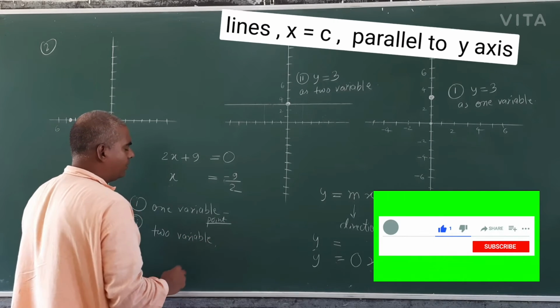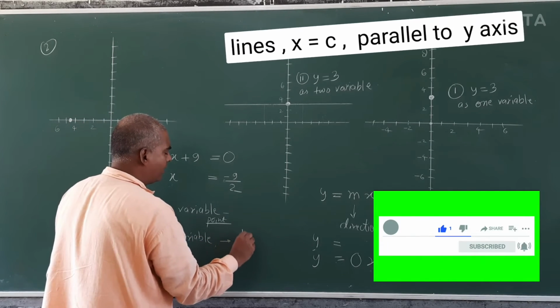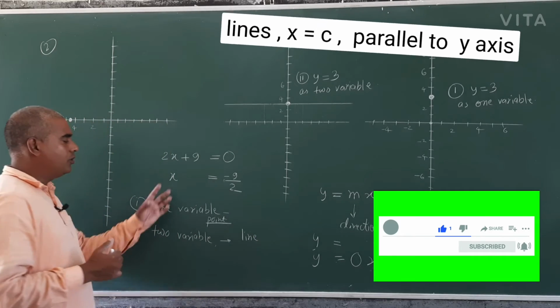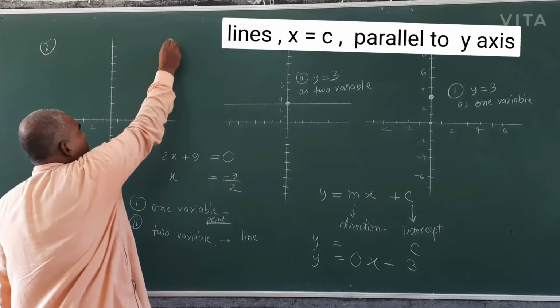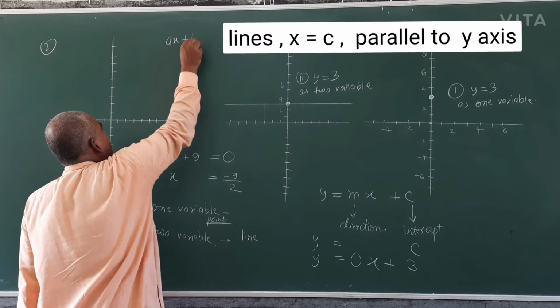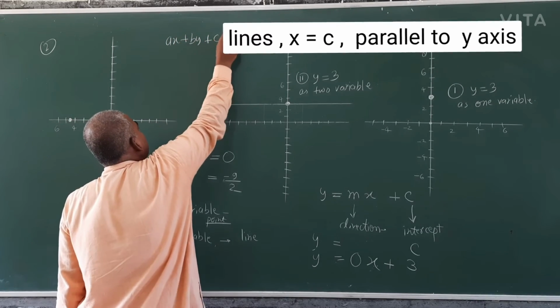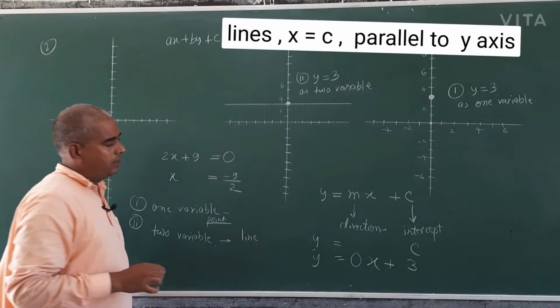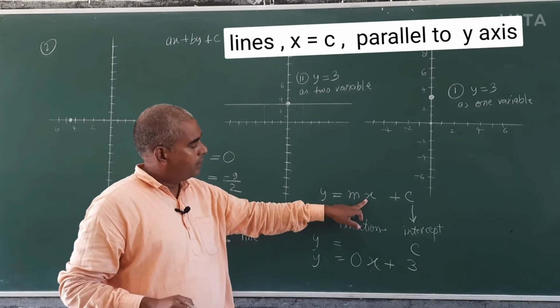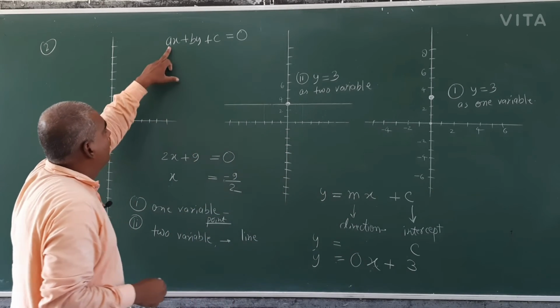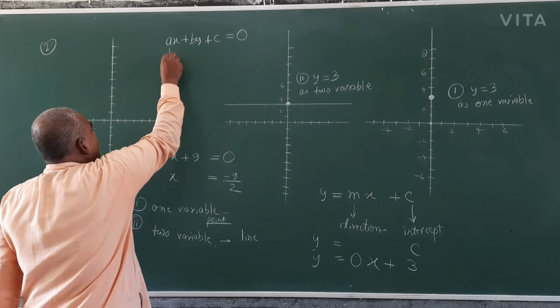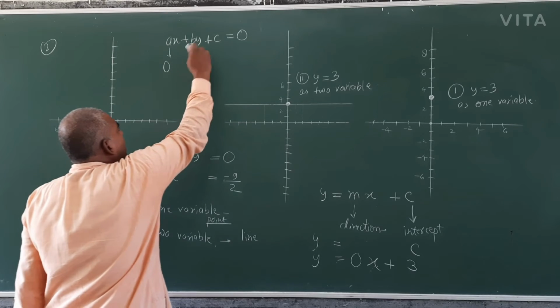Two variable means line. Line means you don't have any y. Actually y is there. Have you seen ax plus by plus c is equal to 0? Here, the coefficient of y is 0. When the coefficient of a is 0, you will get y is equal to something.